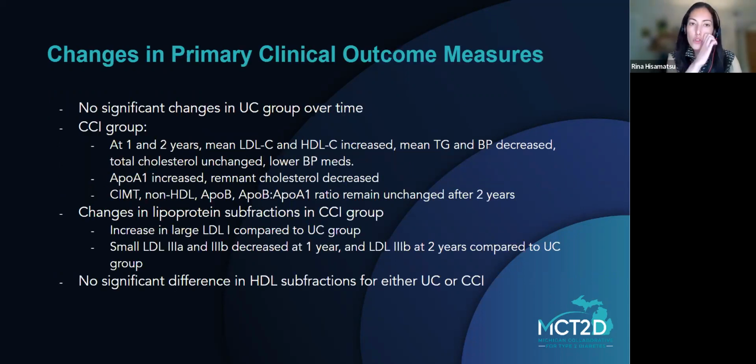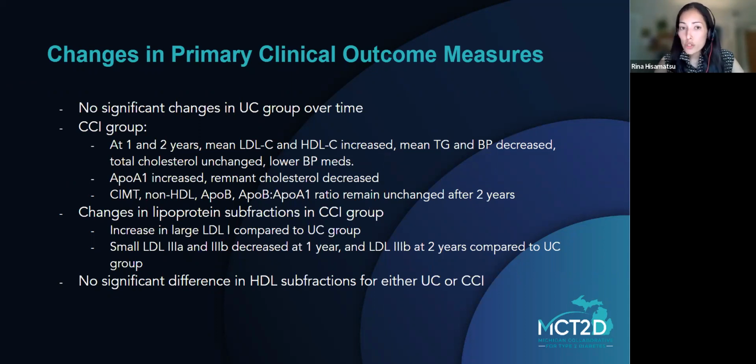All right, so some of the changes in primary clinical outcome measures. They found no significant changes in the usual care group over time. That includes lipids, lipoproteins, apoproteins, blood pressure, and CIMT.